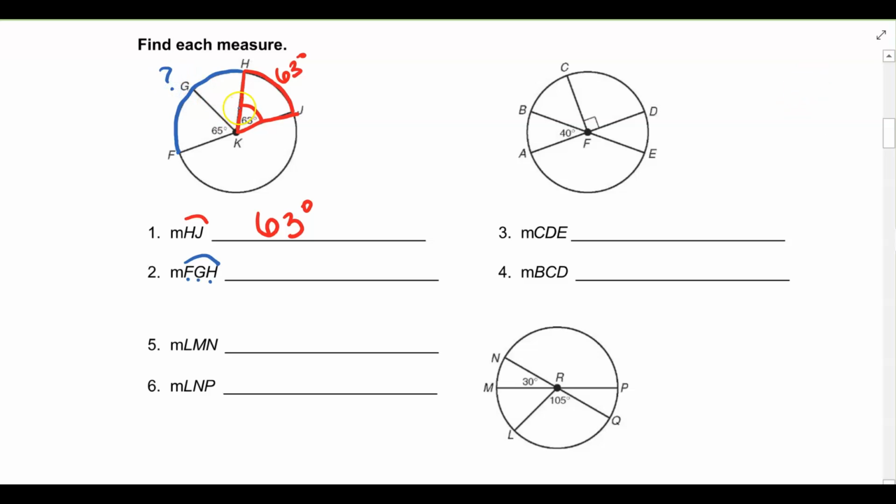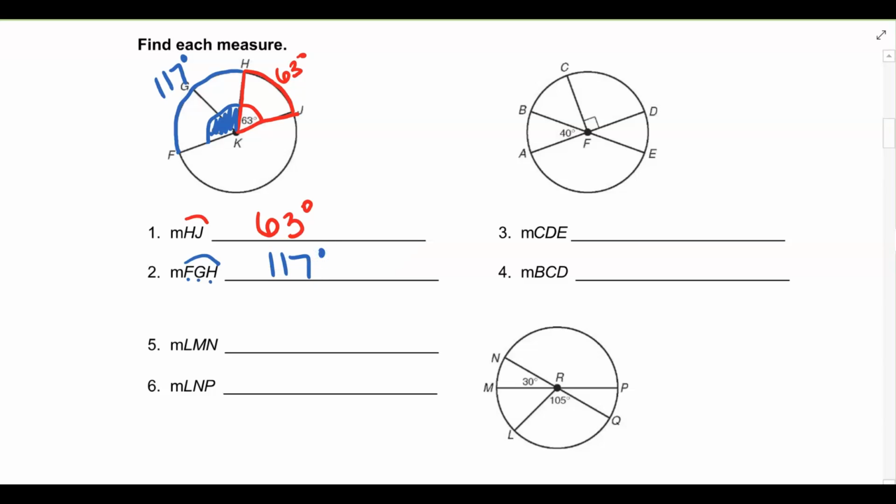In order to look at that whole arc, I need to know this whole angle. So if all 3 of these together make up a full semicircle, that means if I subtract that 63 from the full 180, I should find that from here to here, this entire angle is worth 117 degrees, which means this arc is worth 117 degrees.